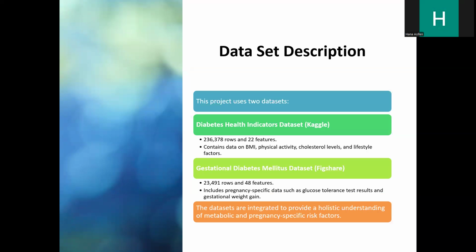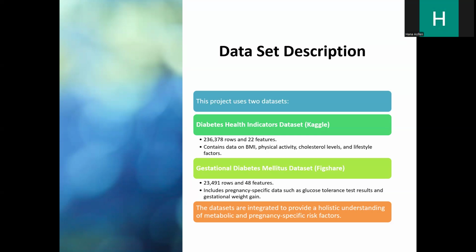So, the dataset description: I will use two datasets. One is the diabetes health indicator dataset from Kaggle, which has 236,378 rows and 22 features, containing data on BMI, physical activity, cholesterol level, and lifestyle factors.